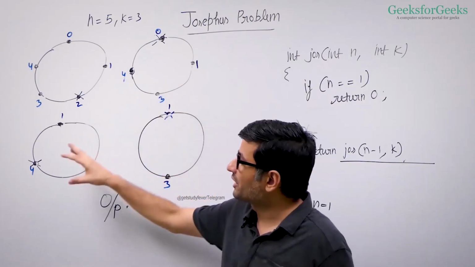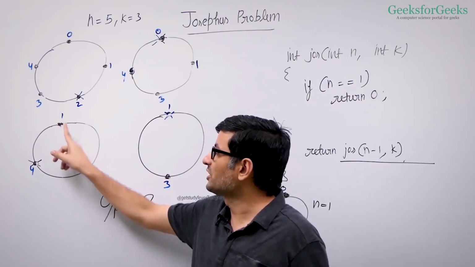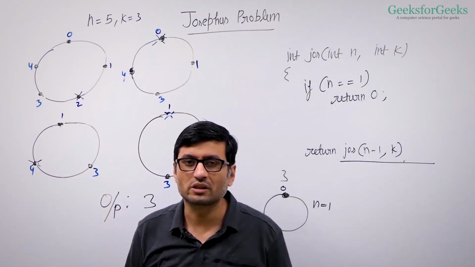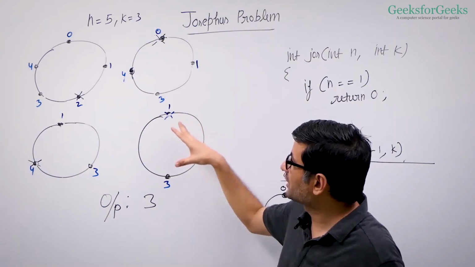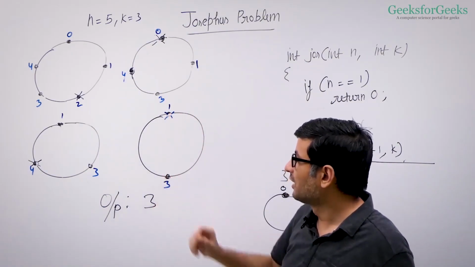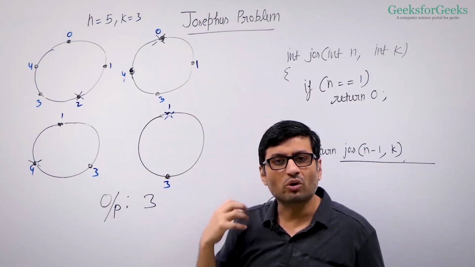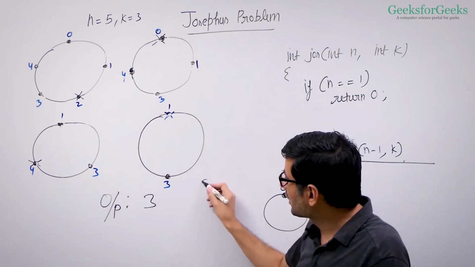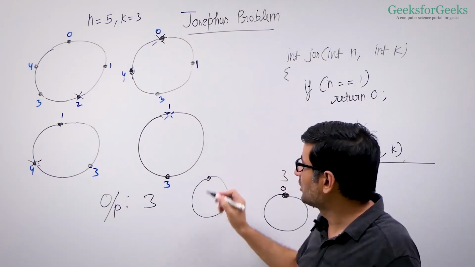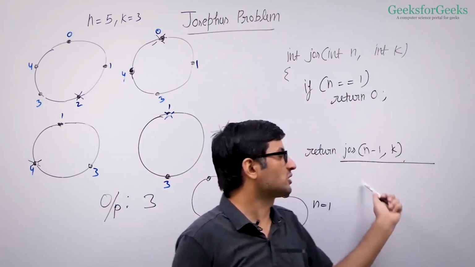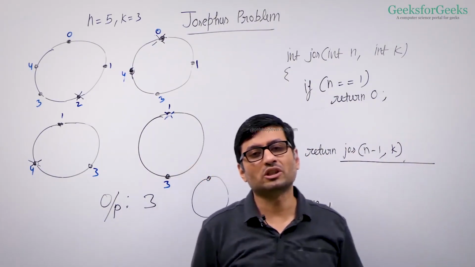And when you make one more recursive call, these numbers are going to be 0, 1, 2, and it's going to return the output with reference to this. And when you write one more recursive call, it's going to number them as 0, 1. And when you make one more recursive call, it's going to consider one circle with number 0. So the output that you are going to get is always 0 if you write simply this code, right? So you need to do something more.